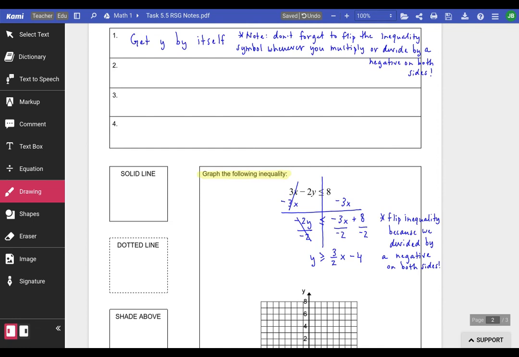That's going to be really important because that's going to have a big impact on whether your graph comes out correct or incorrect. So we've got step 1 done.